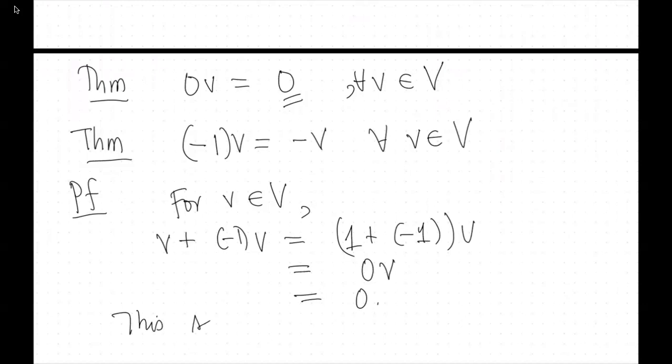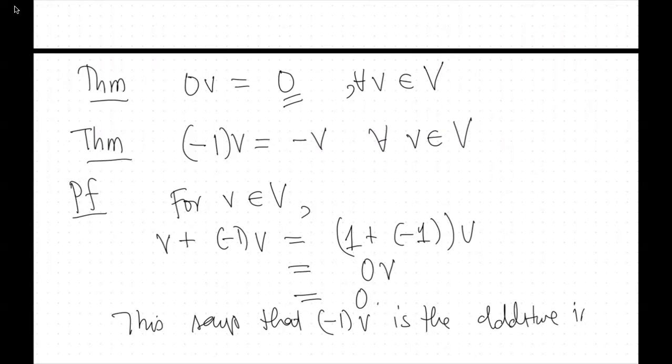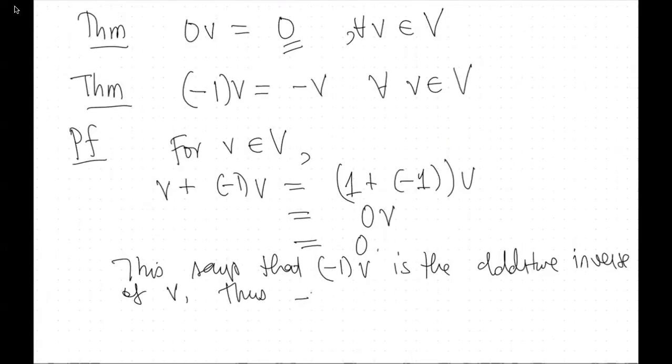This says that negative 1 times v is the additive inverse of v. Thus, negative v is equal to negative 1 times v, because our additive inverse must be unique. So if this property holds, then negative 1 times v must be the additive inverse of v.